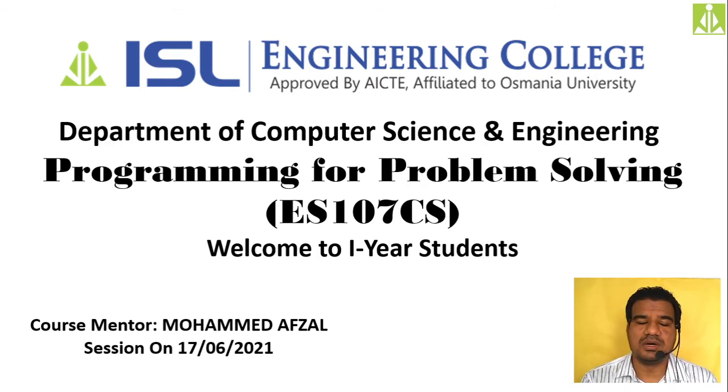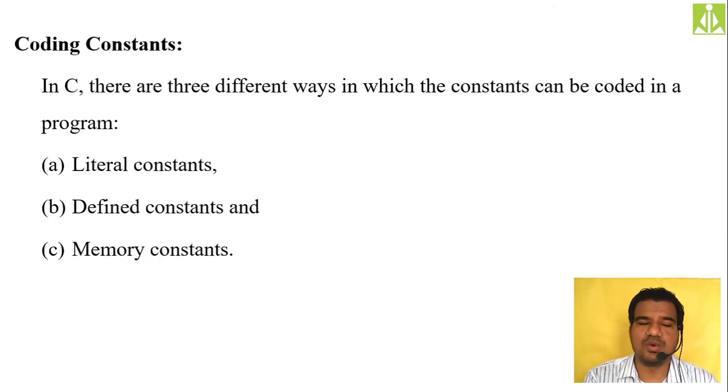After this discussion, we said we're going to discuss coding constants in today's session. So without wasting much time, let's quickly see what exactly coding constants are in our C language. Coding constants are nothing but the way we are going to use these constants in our C program.